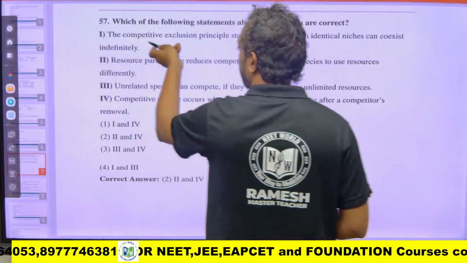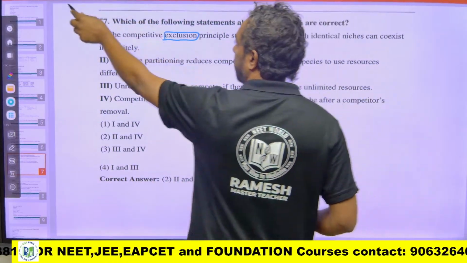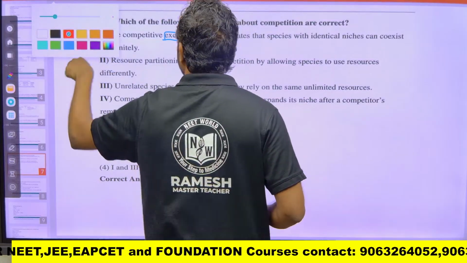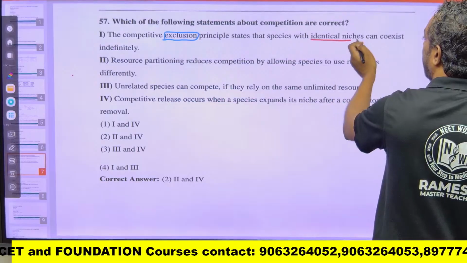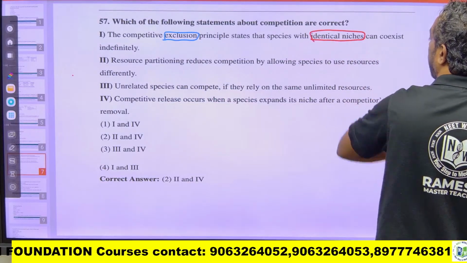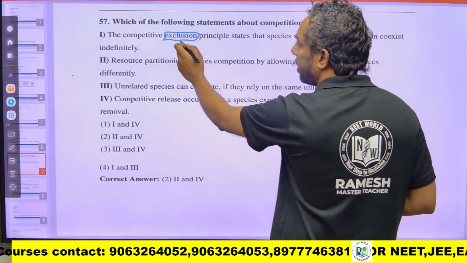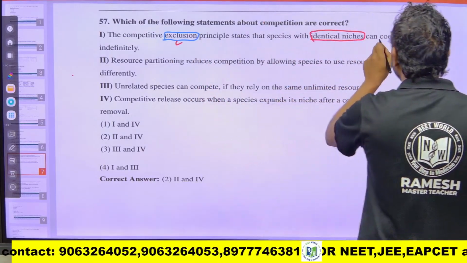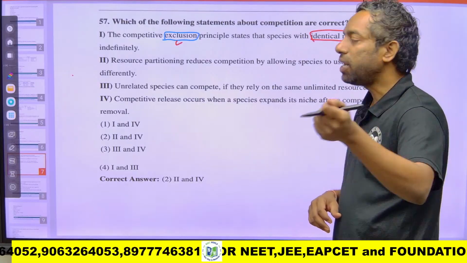Yeah, competition exclusion, this word you have to remember, exclusion. The principle states that species of identical nature cannot coexist indefinitely. Guys, here they mention exclusion, here they mention coexistence. So there is no similar word. Exclusion means eliminate.